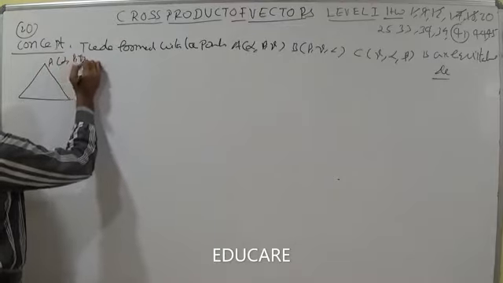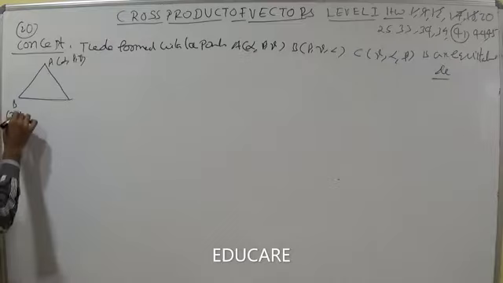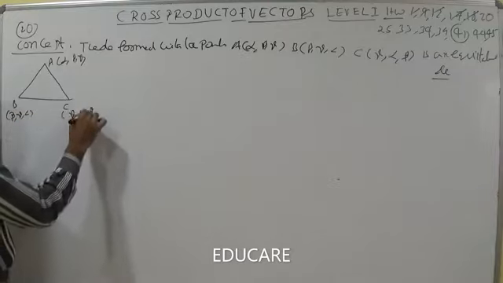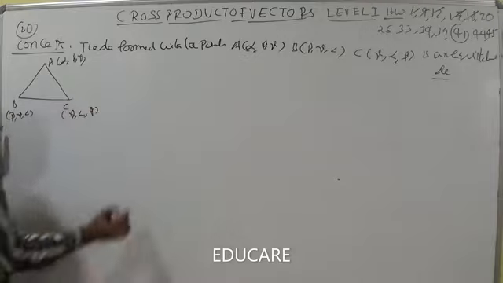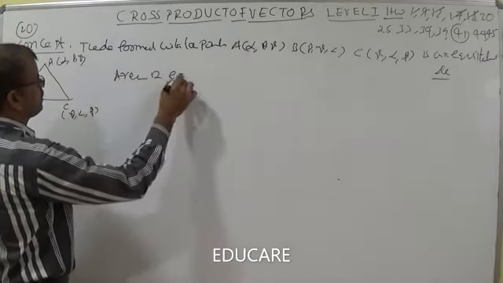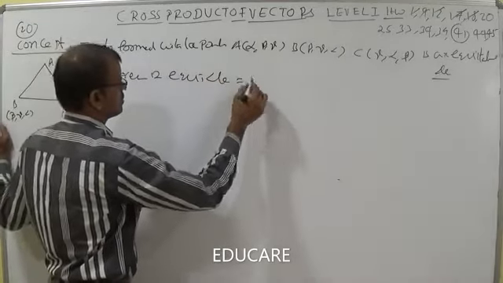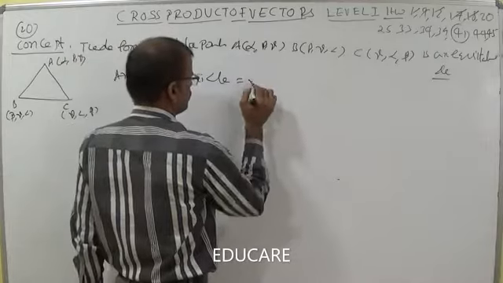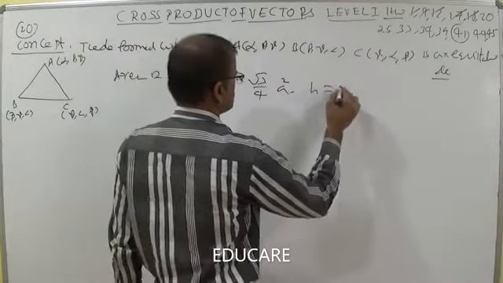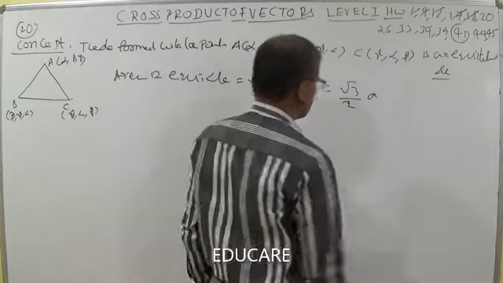So vertex A is alpha beta gamma, vertex B is beta gamma alpha and vertex C is gamma alpha beta. We know that the area of an equilateral triangle is root 3 by 4 a square, and let us remember that h equals root 3 by 2 a.